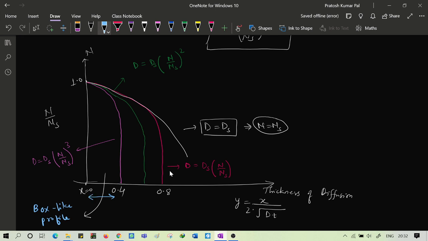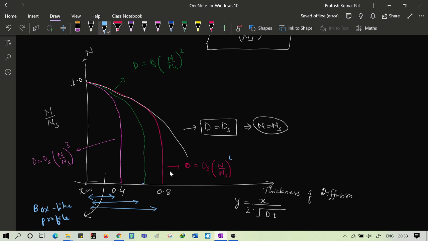This will be the minimum diffusion depth, in the case of n divided by ns to the power 3. If it is to the power 2, then the junction depth will be somewhat higher than this value. Similarly, if it has a relation with n by ns to the power 1, it will have a higher diffusion depth or junction depth basically.